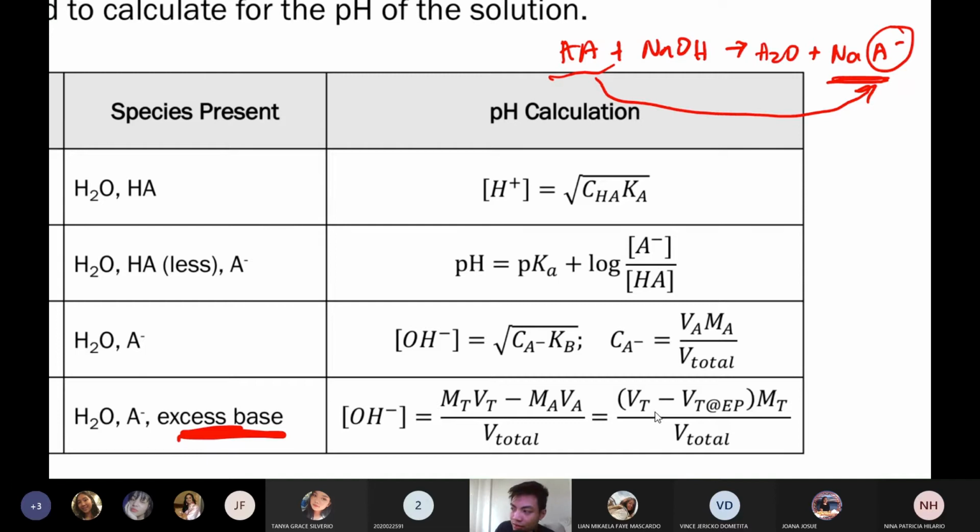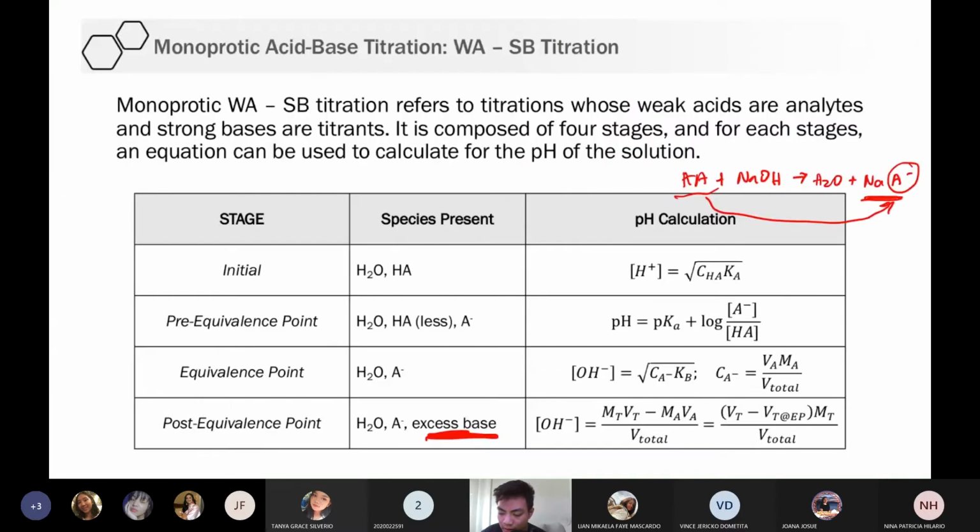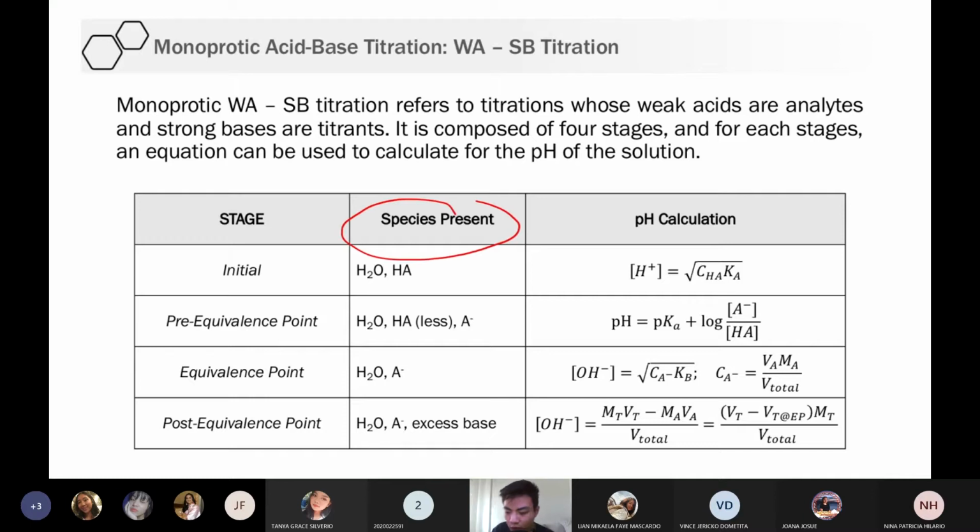Kunwari, sobrang base hinahanap mo, you can apply this equation. Okay? Kasi ang kinukuha mo is yung sobra lang, no? Yung sobra lang. Kaya, ayan. Yung sobrang volume times the molarity of titrant, yun na yun. Yun na yung sagot. Divided by V total. Okay? So that is the reason why we have the following equations here. Again, lahat ng ito can be explained when you know kung ano yung mga species present sa solution.